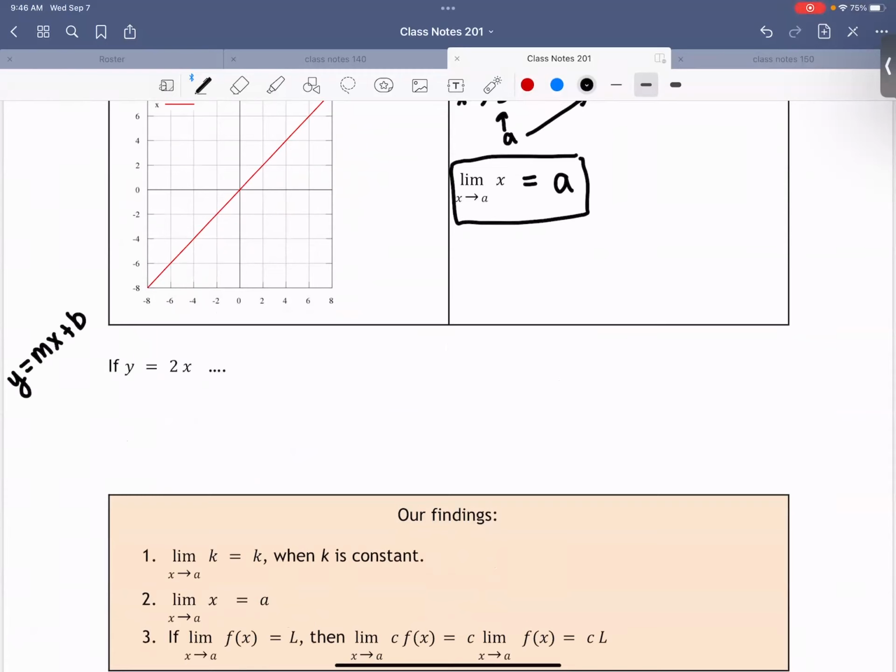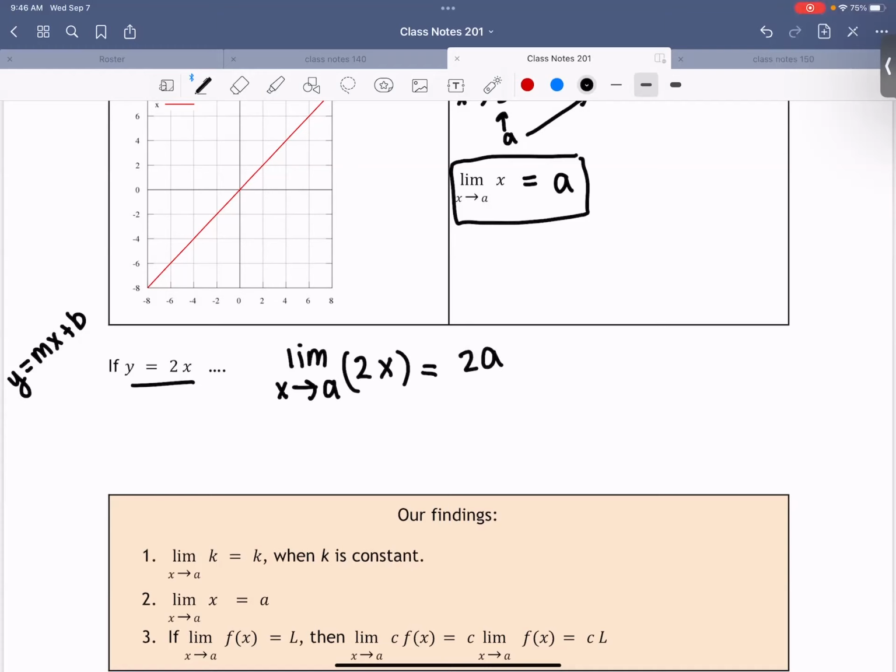So let's just talk about 2x. Let's say I wanted to find the limit as x approached, let's just keep it general, a of 2x. What do you think we can expect this to be? 2a. 2a, right? Just plugging it in, okay?